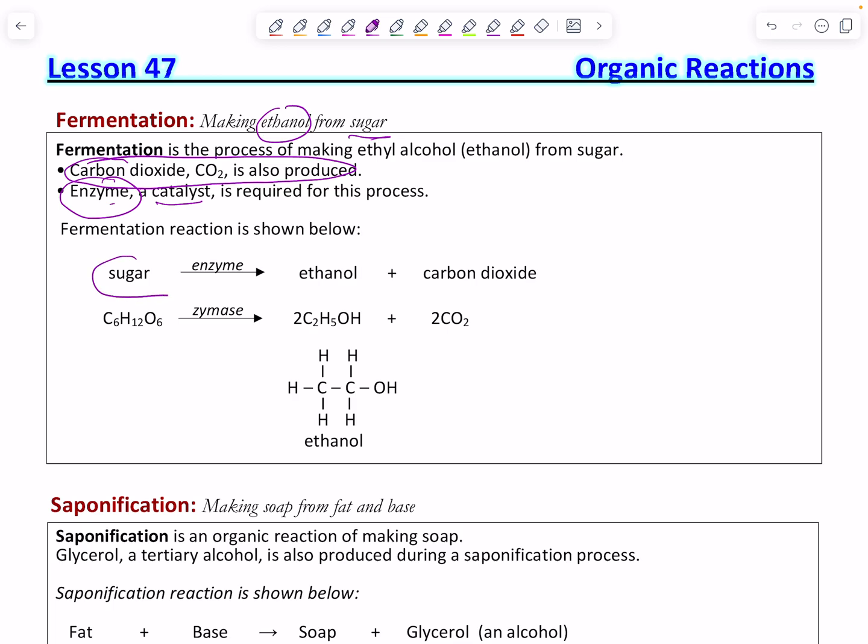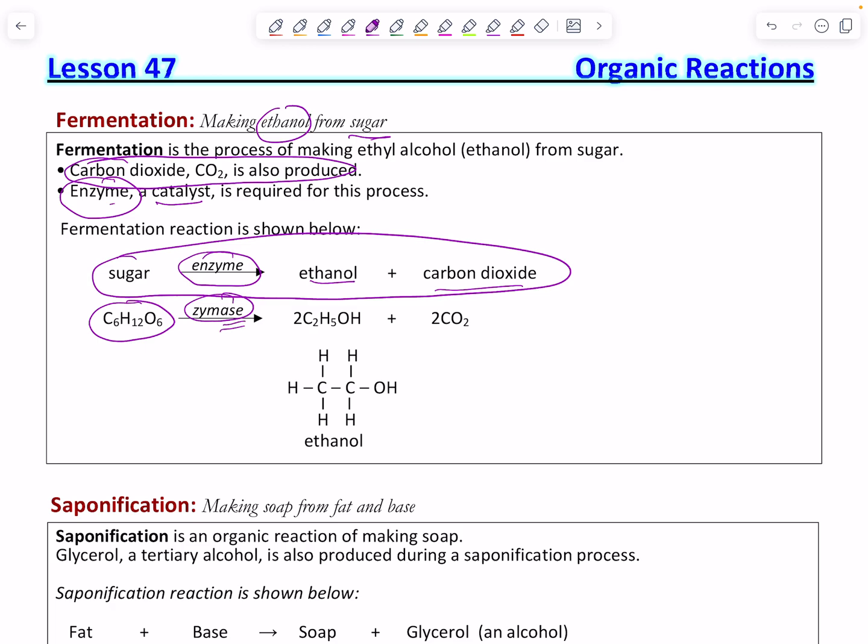So here's our basic pattern. You have some kind of sugar. It starts to break down in the presence of an enzyme, and it ends up making an alcohol, ethanol, and carbon dioxide gas. An actual example would be this one. I have glucose, that's a sugar. And then the enzyme that's participating is called zymase.